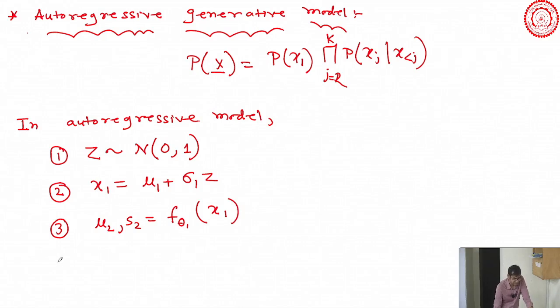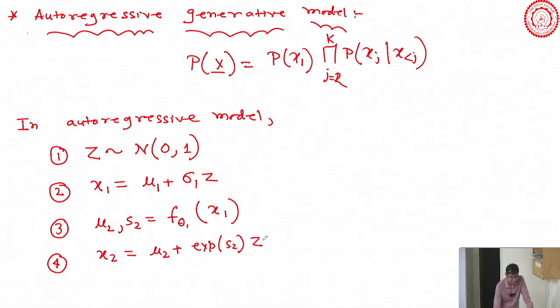Step 4, I will find out x2 as mu2 plus exponential of s2 times z, right?